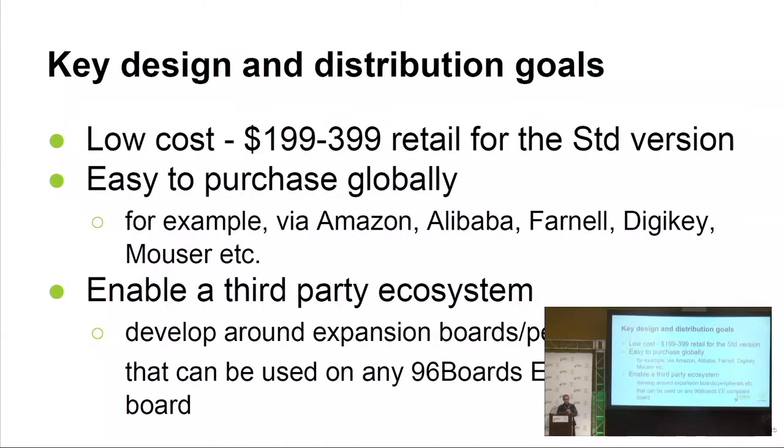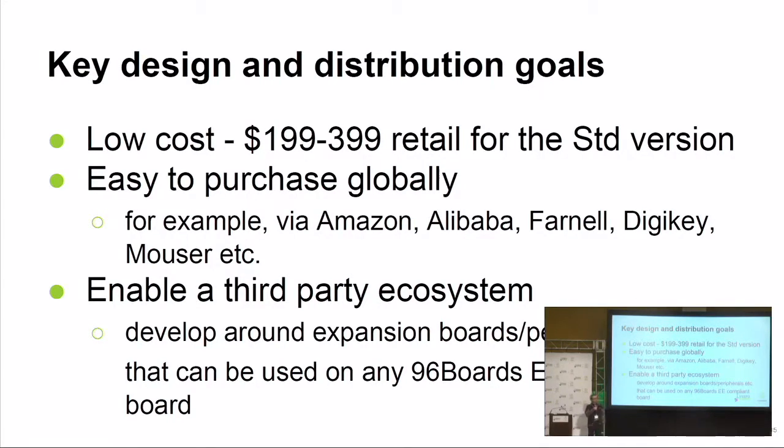The target is for the standard version to be low cost, targeting between $199 and $399. And as for the 96-board consumer edition, the idea is that these boards shall be easily available through global distributors, Amazon, Alibaba, Farnell, DigiKey, and all the usual suspects.